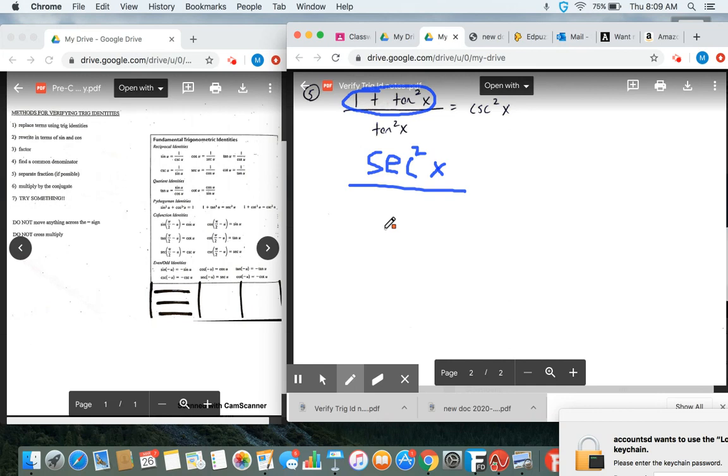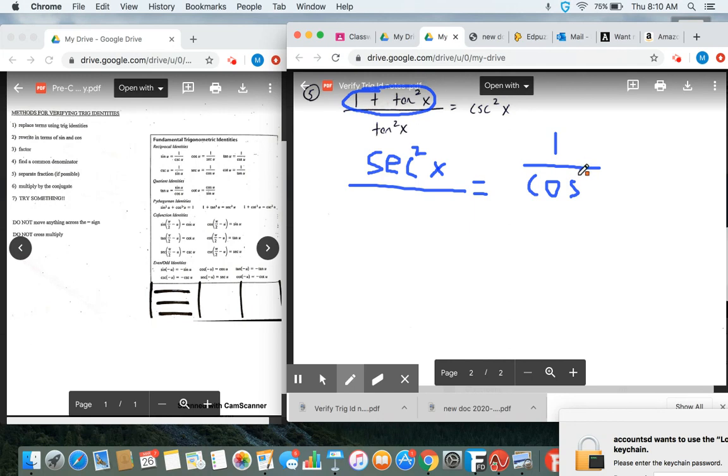We need to get cosecant. So after I take this first step and use this identity, I should start thinking about writing in terms of sine and cosine. I'm not going to write tangent squared x because I know I'm going to rewrite it in a different way. I'm also going to rewrite secant. I'm going to put 1 over cosine squared. So I'm just going to rewrite in terms of sine and cosine.